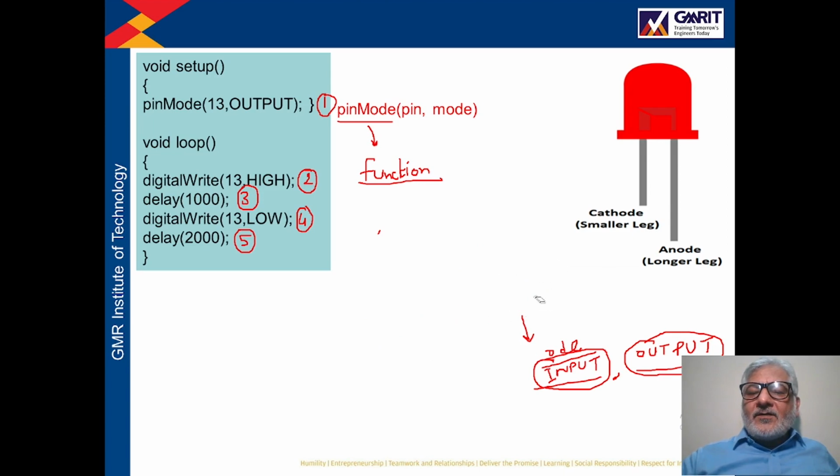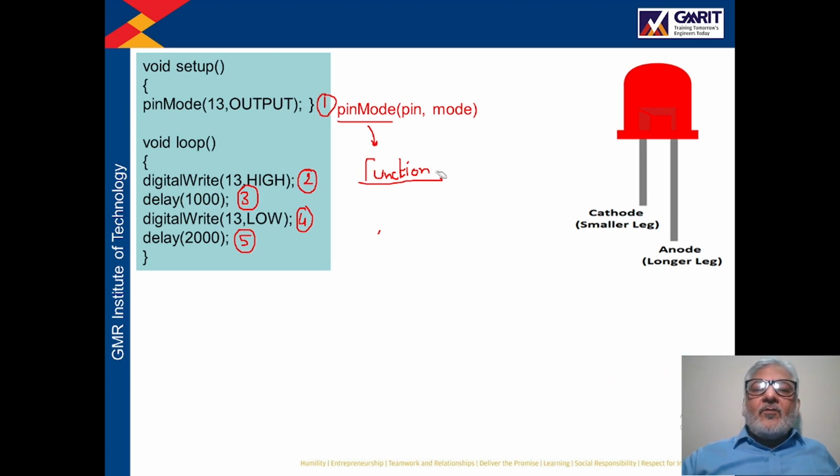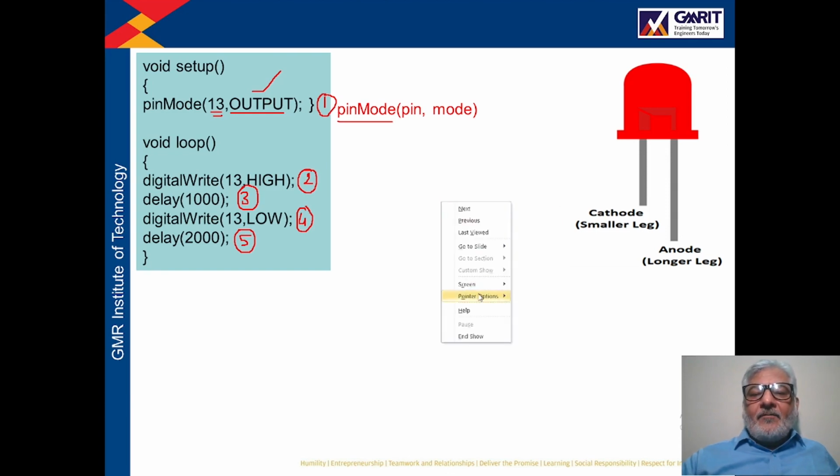What is written there? pinMode within brackets. The first argument means we are talking about pin number 13, so we have written 13, comma, argument number 2. We want to make pin number 13 an output pin, so we have written OUTPUT. With this first statement, pin number 13 will become an output pin, right?